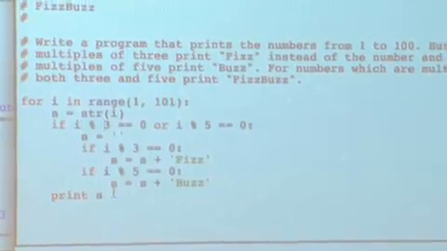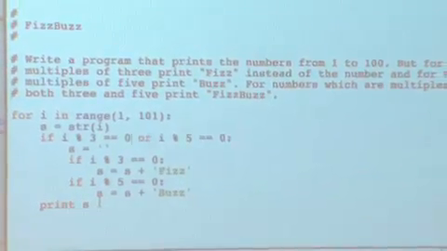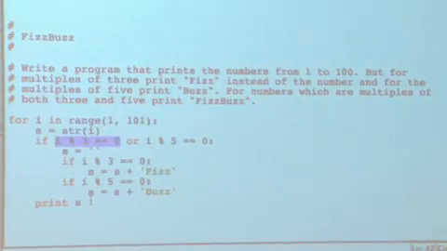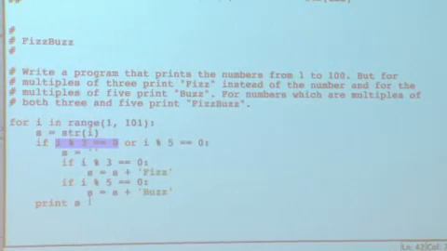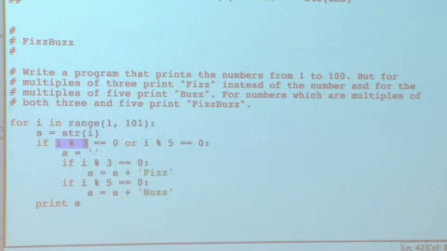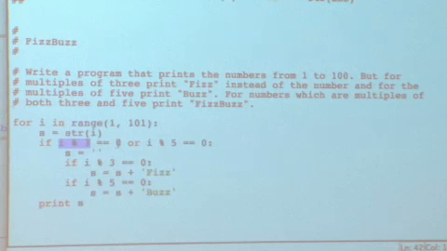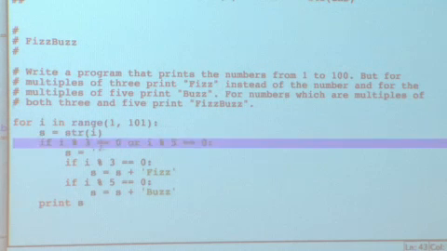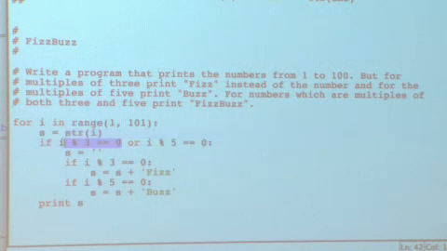Okay, so that's all this does, and these are 2 expressions that return a Boolean value, right? Because this modulo operation is going to return an integer, and I'm going to use the equality operator to compare it to another integer, 0, and that's going to give me a Boolean value.